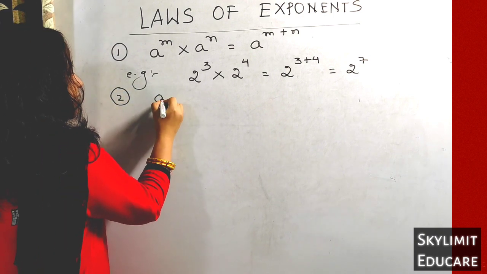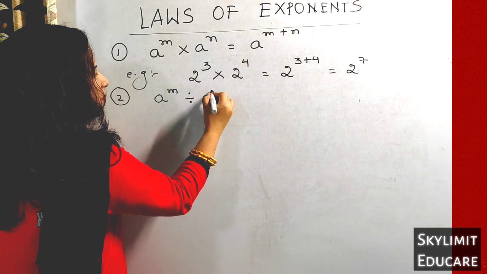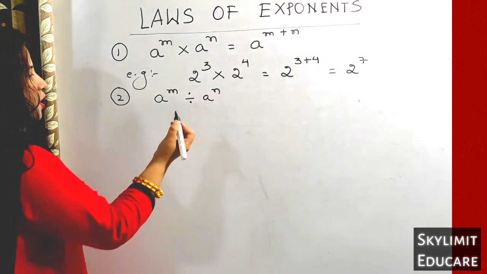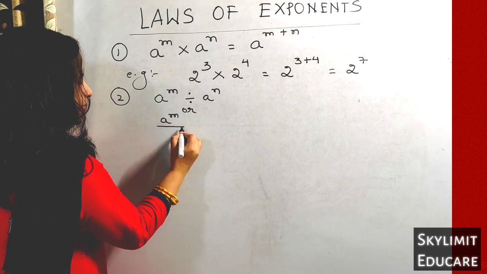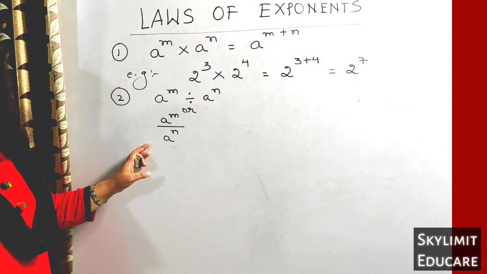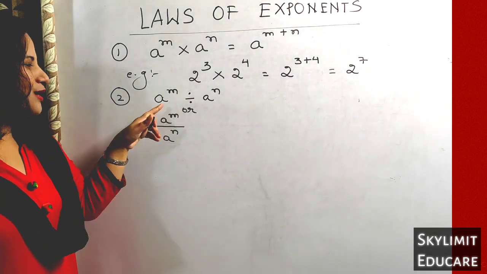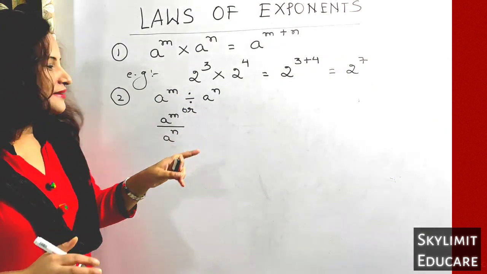Let's come to the second law of exponents. It's like this: a to the power of m divided by a to the power of n, or the same as a to the power of m by a to the power of n. Before the division, whatever comes is the dividend; after it is the divisor.